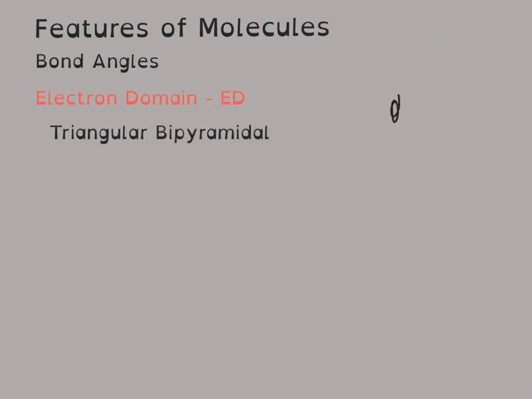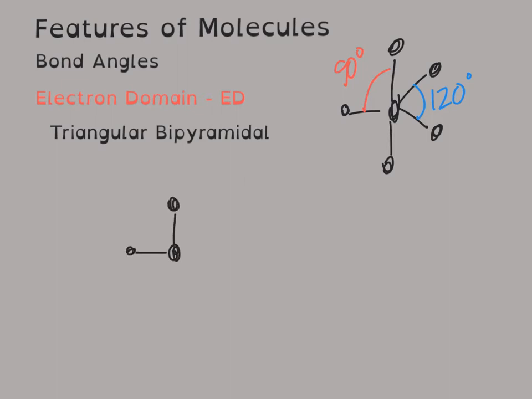In your trigonal bipyramidal, you have two different bond angles depending on whether it's axial or equatorial. In the axial position, this is a 90-degree bond angle. In the equatorial position, this is a 120-degree bond angle. Now, if we were to work through the additional molecular geometries, adding lone pairs, your angle does change some depending on which one you have replaced.